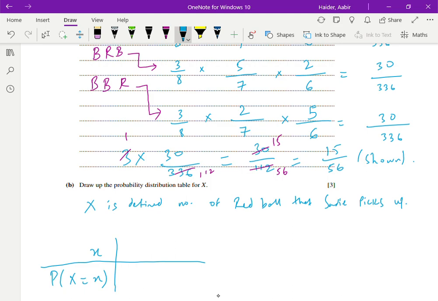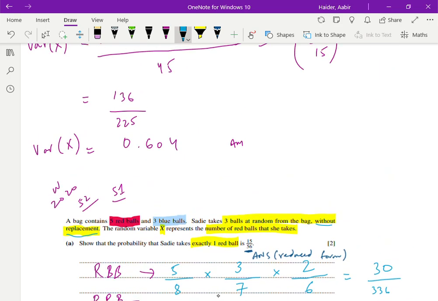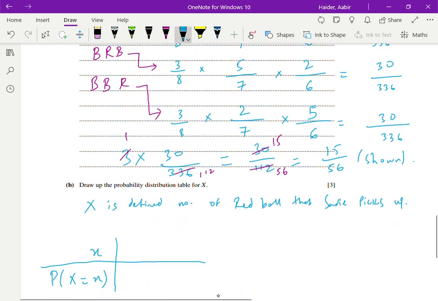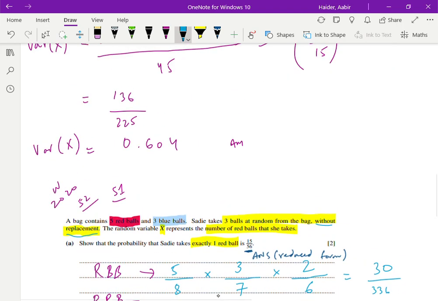Okay, the possible values for red, as you can see, you can have all the blues, since there are three blue balls, so it is a possibility that in all the 3 experiments you take up all the 3, so the reds are 0. And similarly, red can be 1, as we have just shown. The probability for exactly one red ball is 15 over 56.